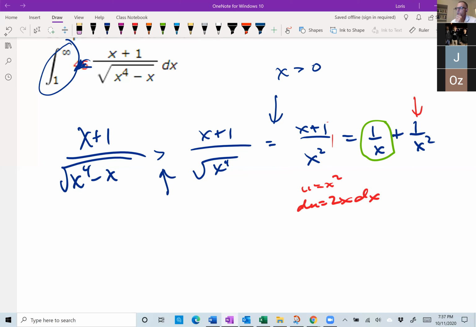Okay, so I'm going to do the one in green first. Integral of 1 over x, 1 to infinity, dx. This is natural log. Oh, wait, I got infinity there. So this is limit as t goes to infinity, 1 to t, 1 over x dx. That's limit as t goes to infinity of natural log of x from 1 to t.